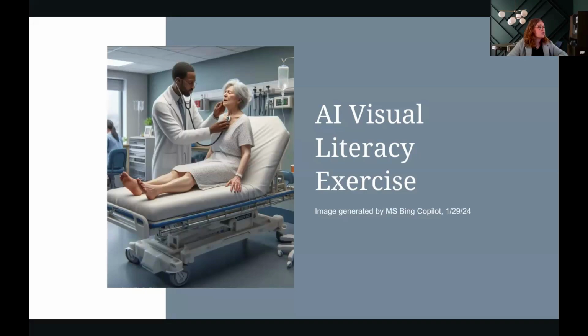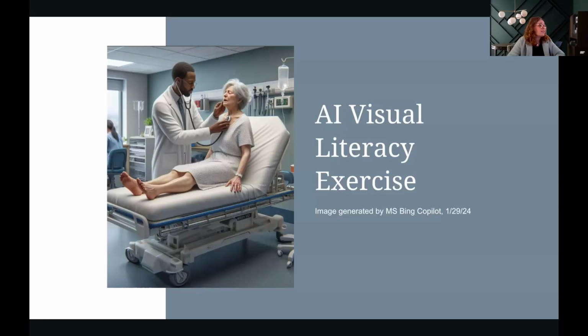So what we're going to do is take about a minute or so to quietly look at what we're seeing. This is an image generated by Microsoft Bing AI Copilot in January of this year, generated from a prompt that I gave to Bing.